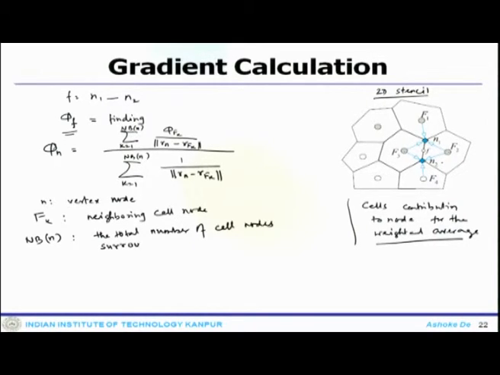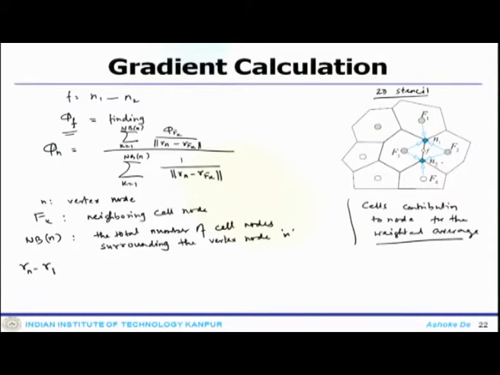So essentially you get all this information at vertex node n.